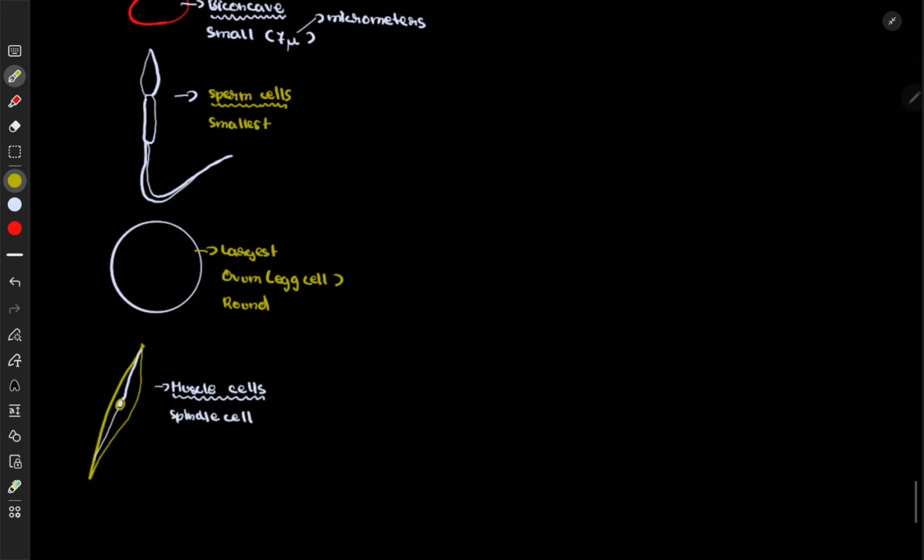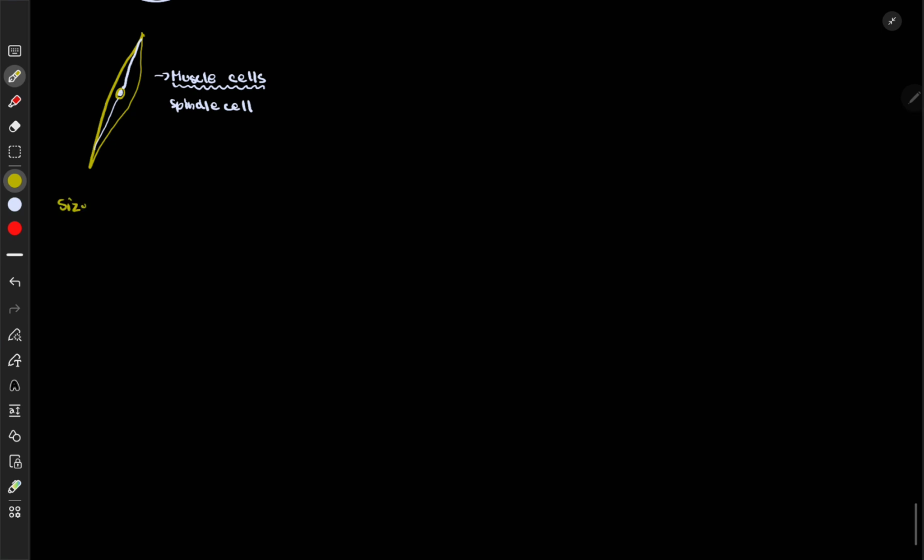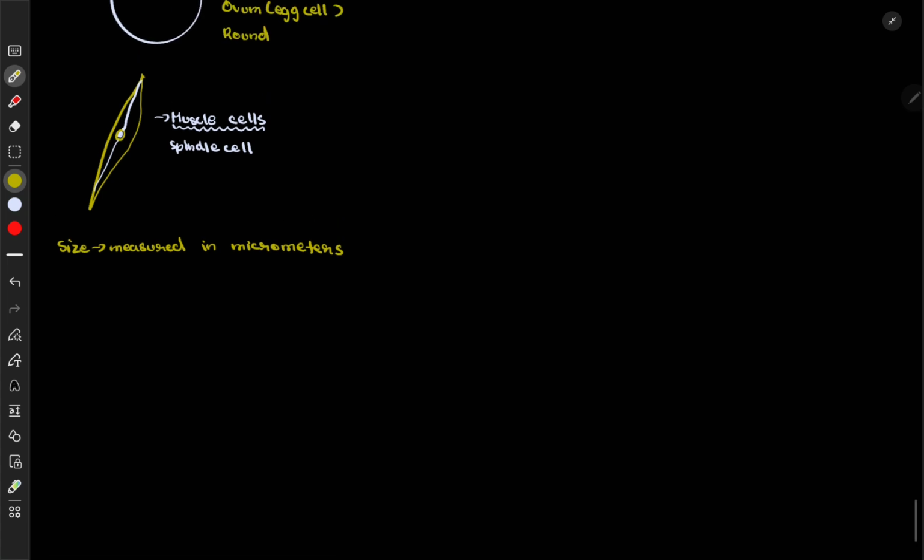Now size. Size is measured in micrometers and is represented by mu.